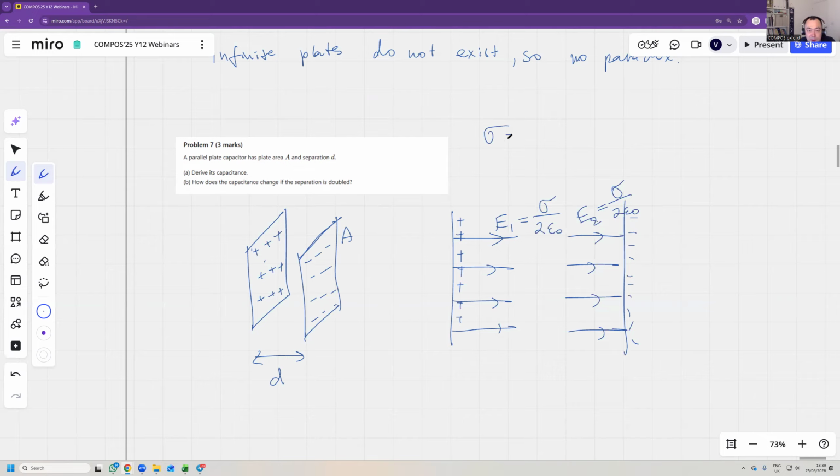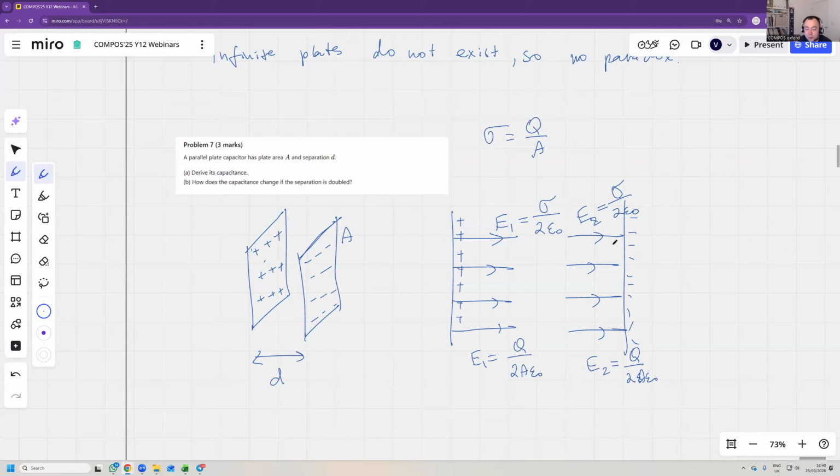But sigma is Q divided by area, and therefore charge is sigma times area. So we can substitute that in here. So E1, the field of the first plate, is Q over 2A epsilon 0. And the field from the second plate is Q over 2A epsilon 0.